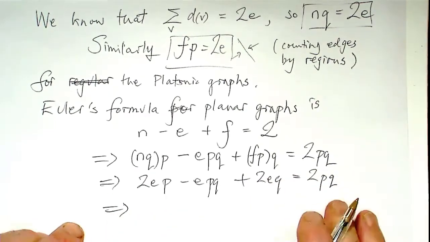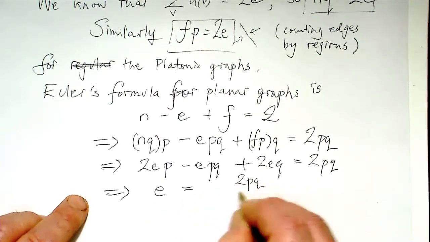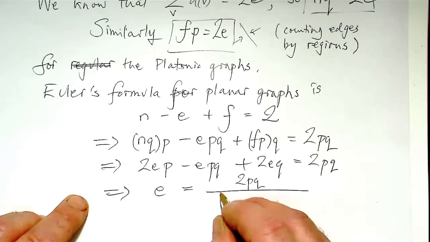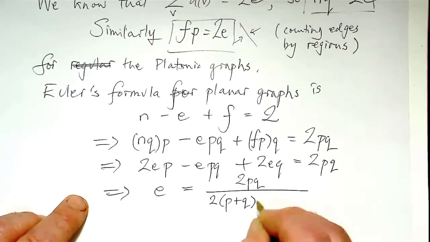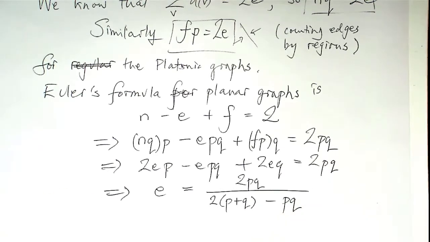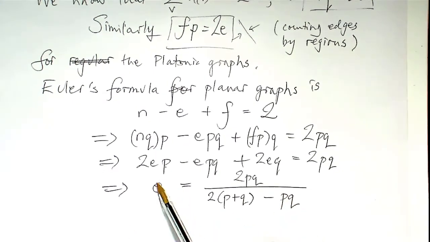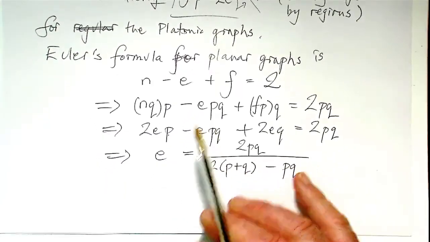So that means that the number of edges is equal to 2PQ divided by 2 into P plus Q, so I've got P plus Q minus PQ. Agreed? That's a formula for the number of edges in terms of P and Q. I suppose you could check it with the table, but I'll assume that it works.